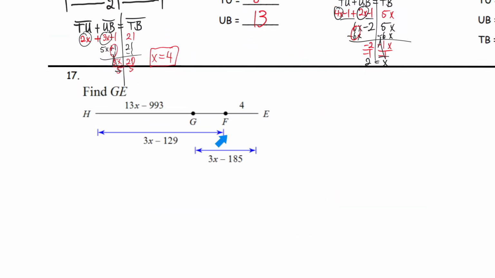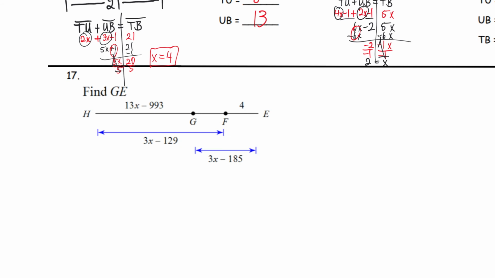On this last one, this one's a little bit more difficult, so I have to think about it a little more. We're going to think about things that are equal to each other.